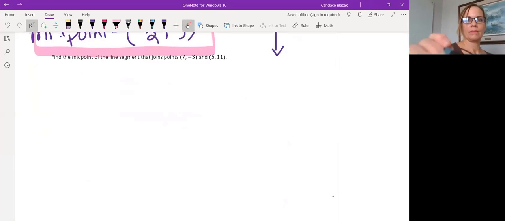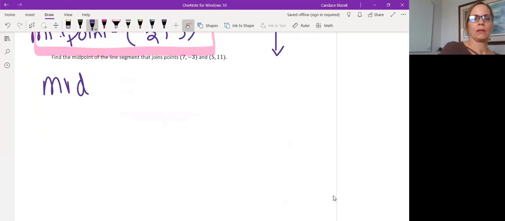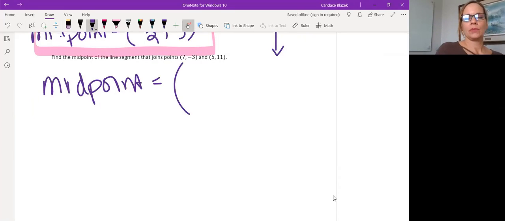Find the midpoint of the segment that joins points 7, -3, and 5, 11. All right, so without even graphing, we can go ahead and put this into the formula. The midpoint, we add our x terms and divide by 2.